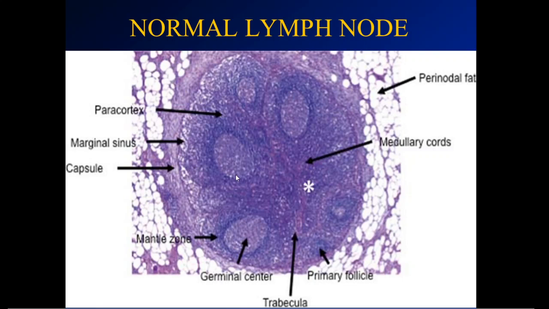So, lymphoid follicle, this is the germinal center, and this is part of the B cell area as well for the lymphoid follicle. And here you could also see a primary follicle, you see? There is no germinal center inside.